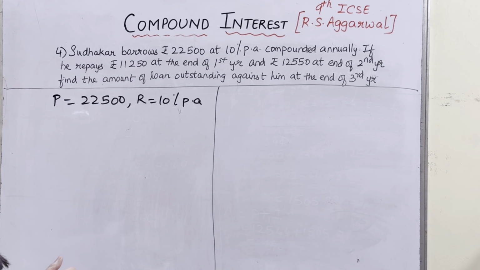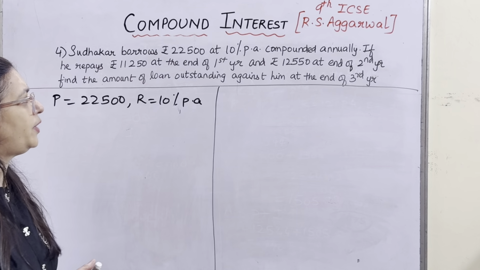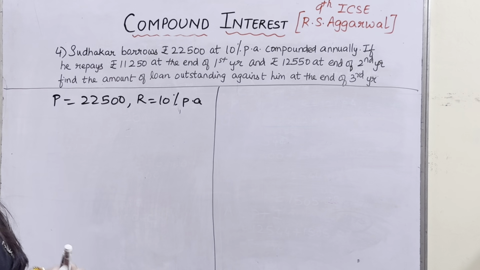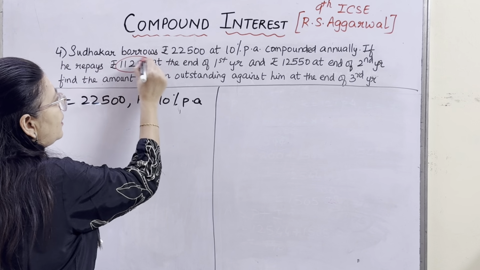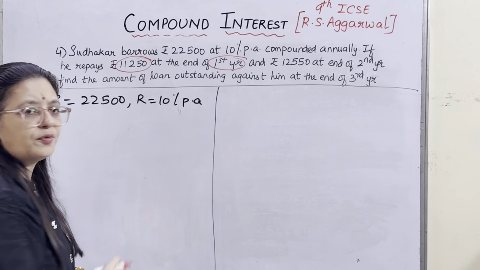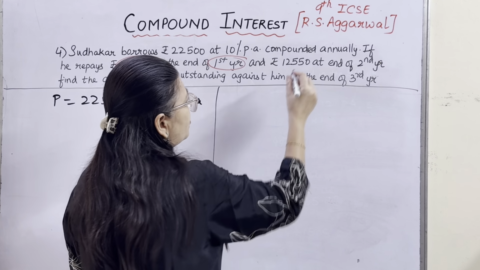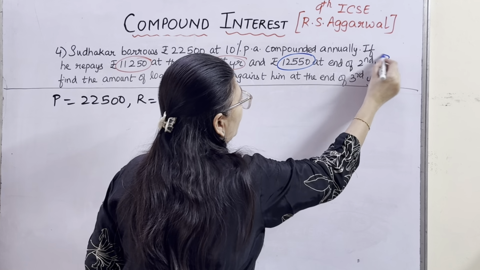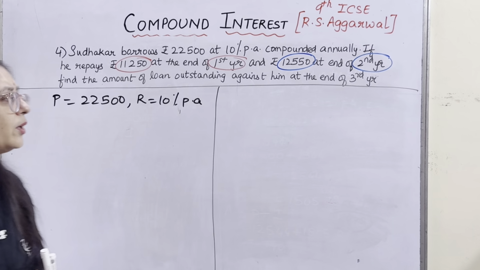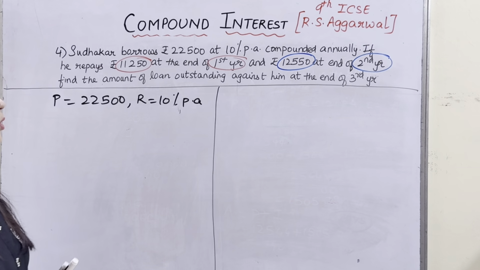If he repays rupees 11,250 at the end of first year, so he is repaying this much at the end of the first year and he is repaying this much at the end of the second year. Okay, you have to find the amount of loan outstanding against him at the end of third year.